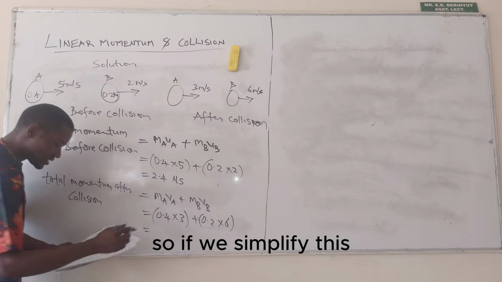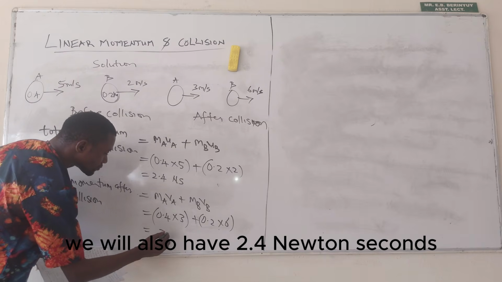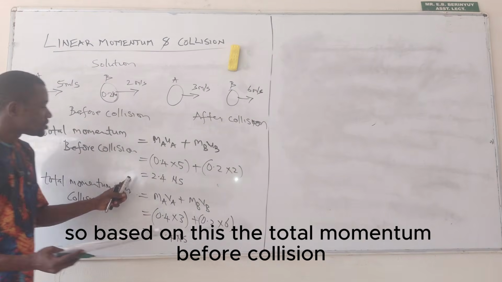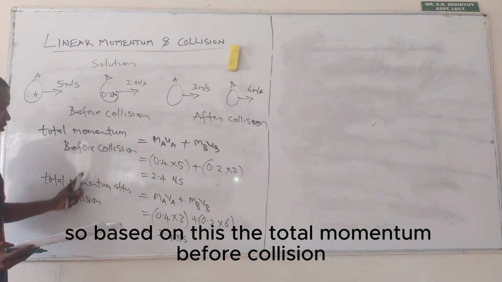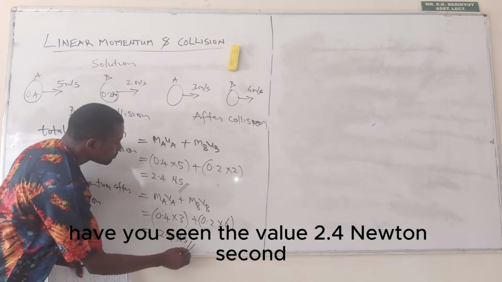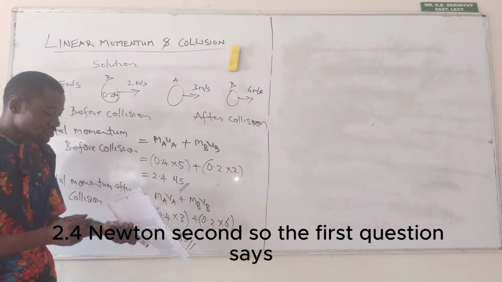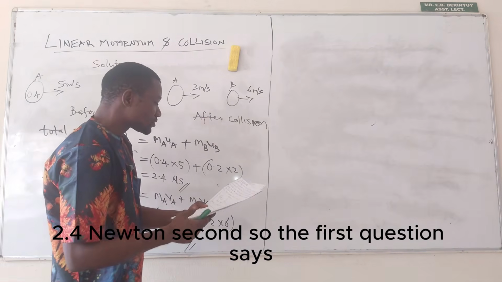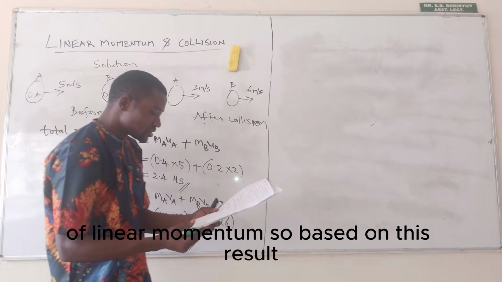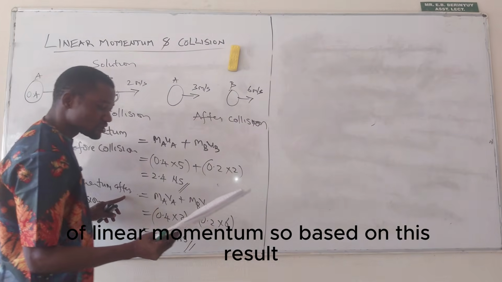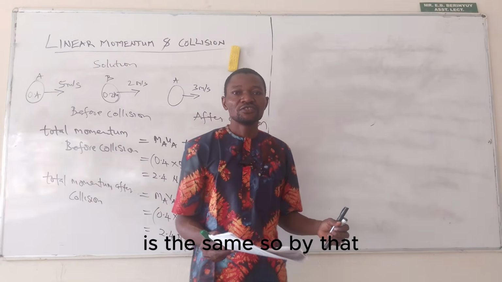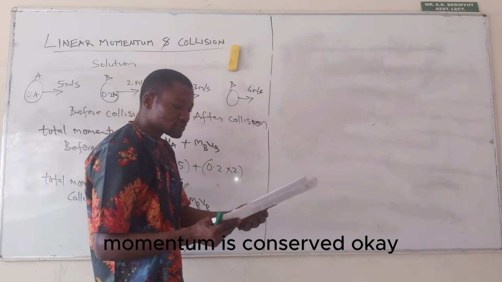So if we simplify this, we will also have 2.4 Newton seconds. So based on this, the total momentum before collision is equal to total momentum after collision. Have you seen the value? 2.4 Newton second, 2.4 Newton second. So the first question says, show that the collision obeys the law of conservation of linear momentum. So based on this result, it shows that momentum before and after the collision is the same. So by that, momentum is conserved.